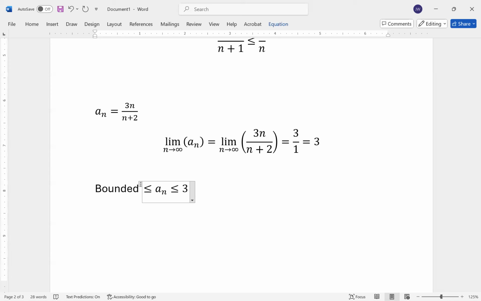Let me just use the closest bounds that we can get, though. And then, like we said, it is monotonic. You could go through the algebra, but we just saw that a sub n is always smaller than a sub n plus 1. Smaller than or equal to is monotonic, so we're good to go.